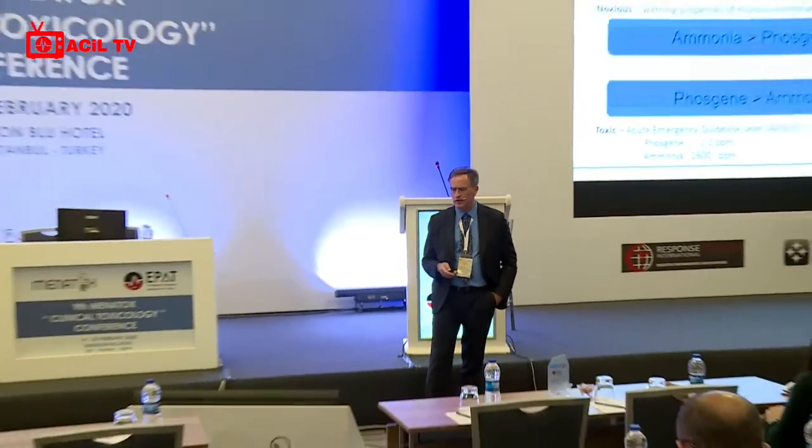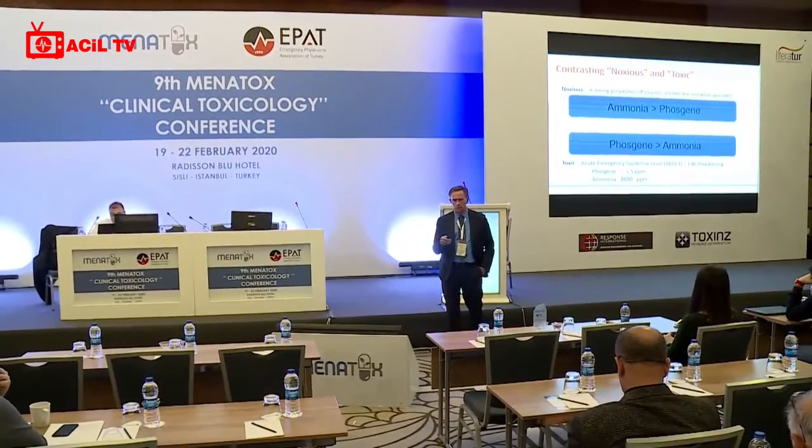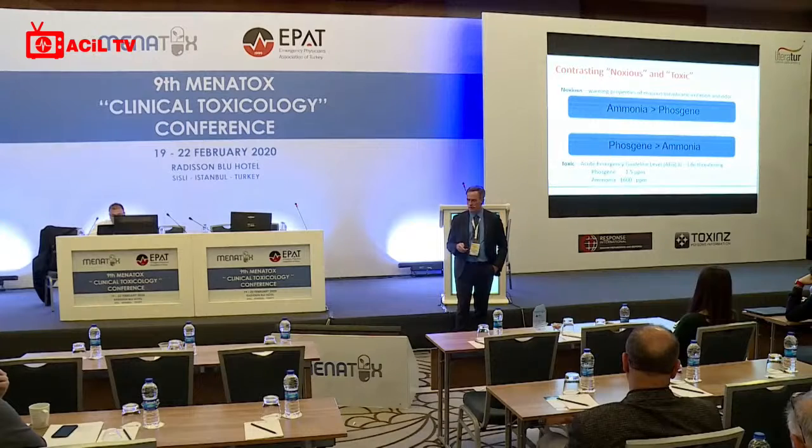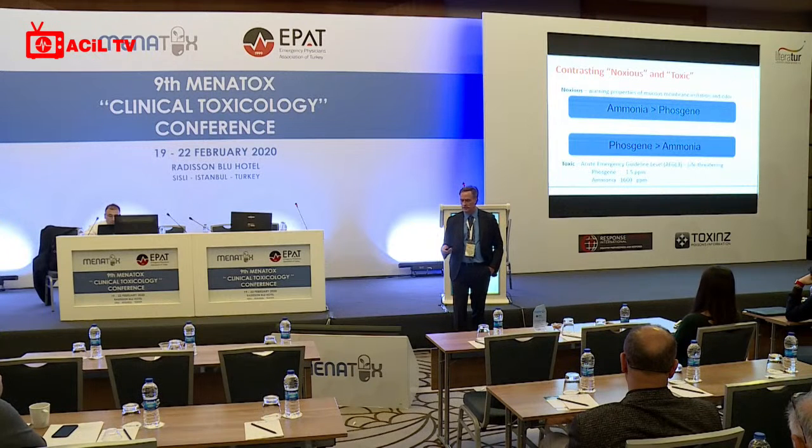And just to emphasize, this is the difference between the warning properties for the compounds and their actual toxicity. So the listed number down there, the acute exposure guideline levels, these are determinations that will identify time frames. So this would be like 15 minutes before you would be exposed to a potentially life-threatening dose at these given concentrations.